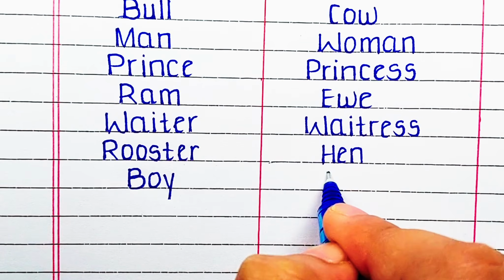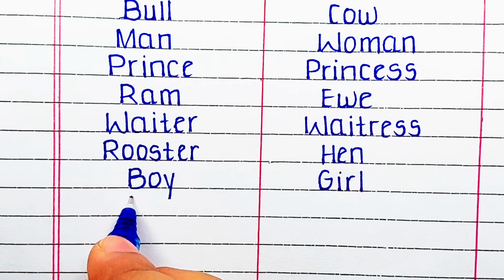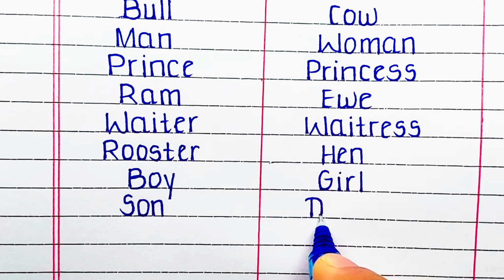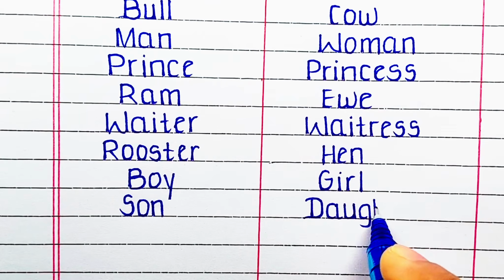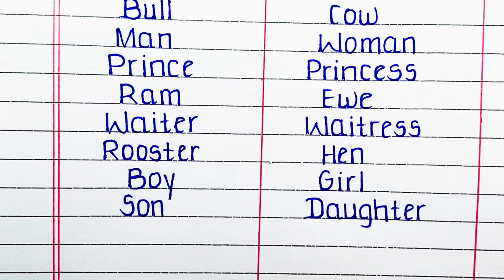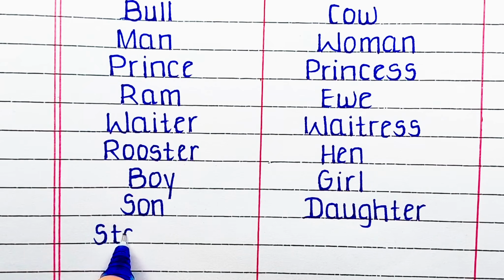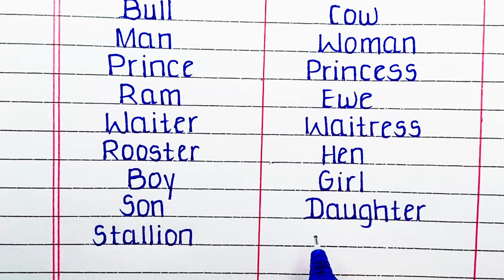Next is boy. Its feminine word is girl. Next word is stallion.